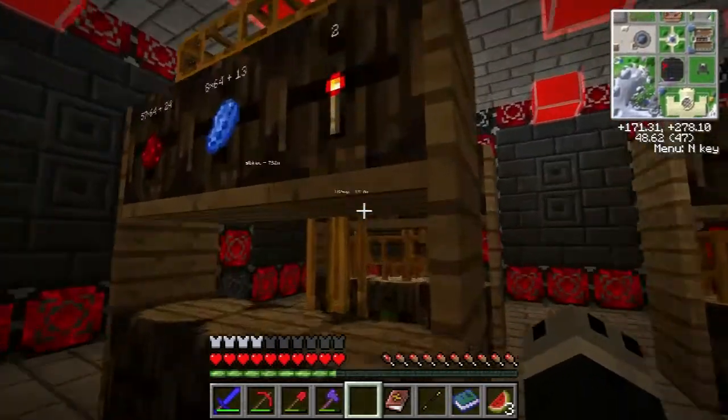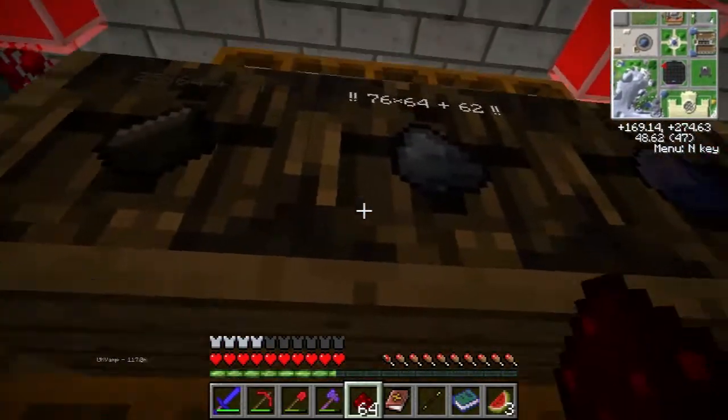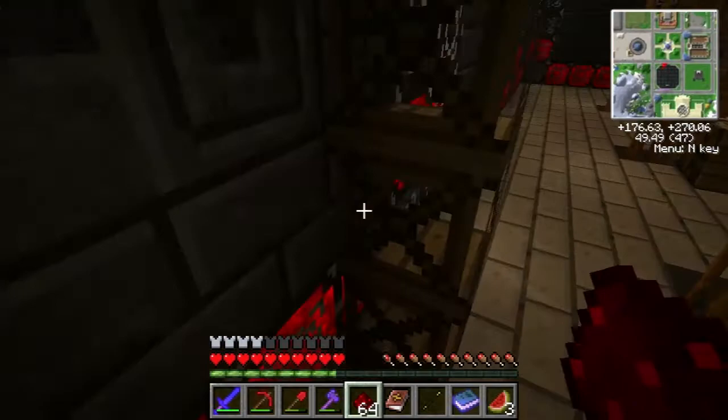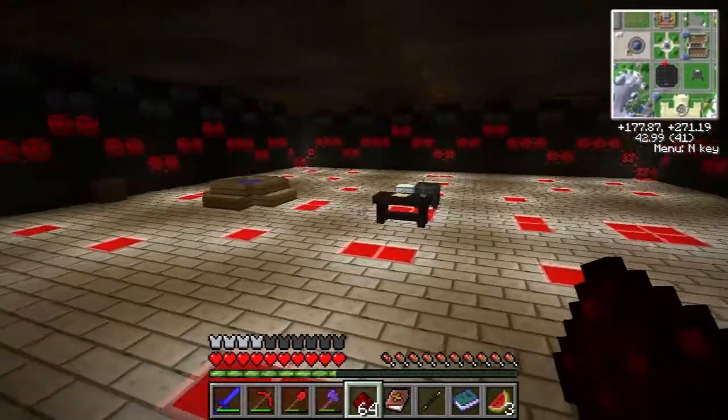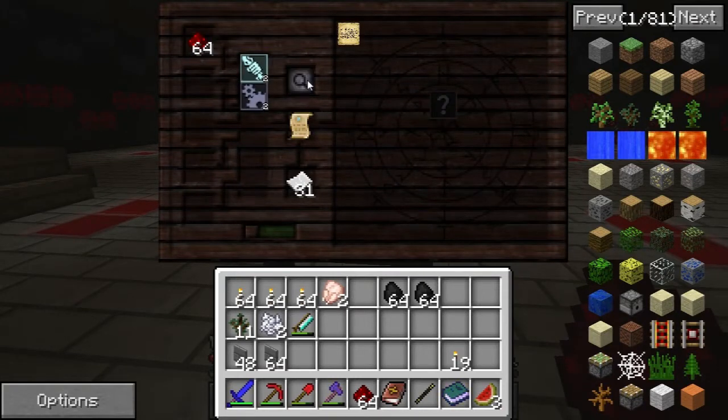Nope. Oh well, I guess I will just have to research all the things. Let's see here. I will grab a couple stacks of redstone, a couple stacks of coal, and we'll see exactly where this gets us. So let's go to a research table, and let's just throw our redstone in, and we'll research. Just keep clicking that research button.